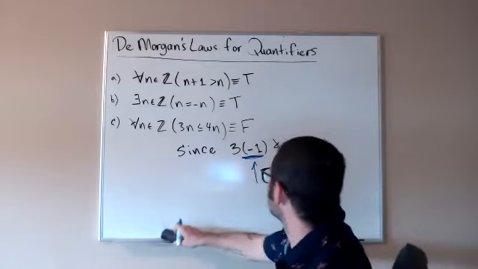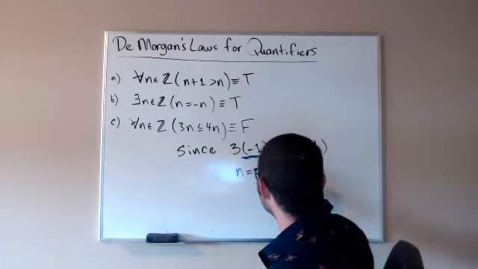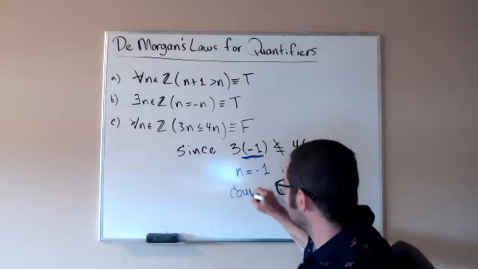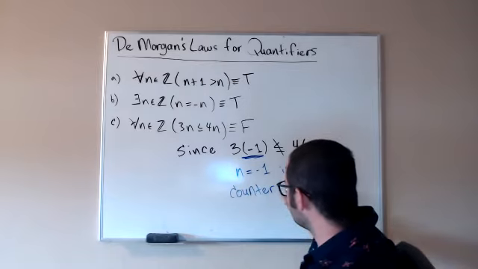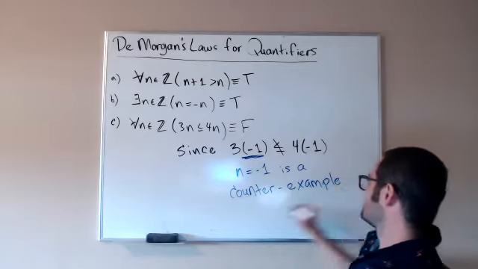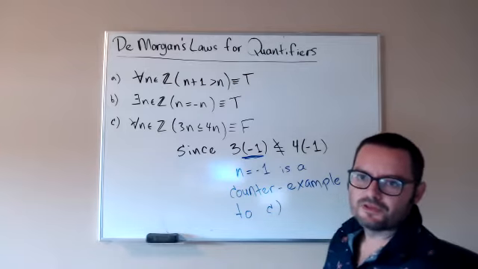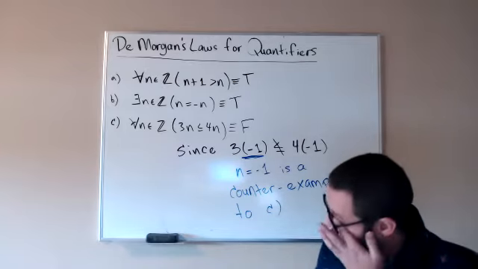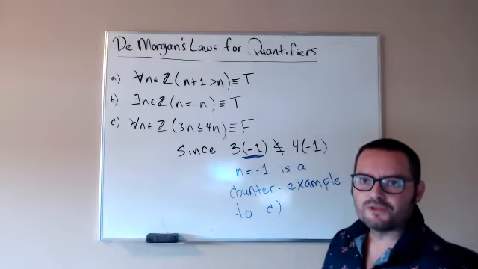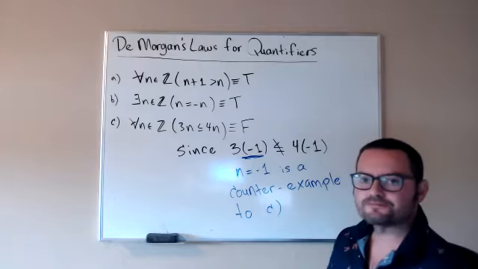So n equals negative 1 is a counterexample to part C. So a counterexample is just an element in the domain that shows the statement to be false. That's all a counterexample is.